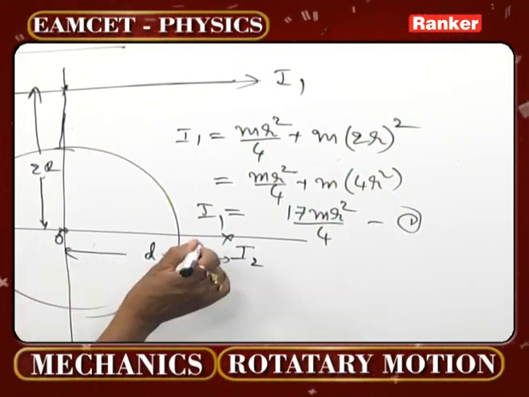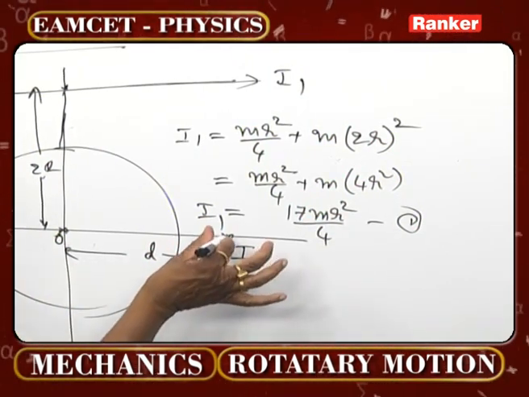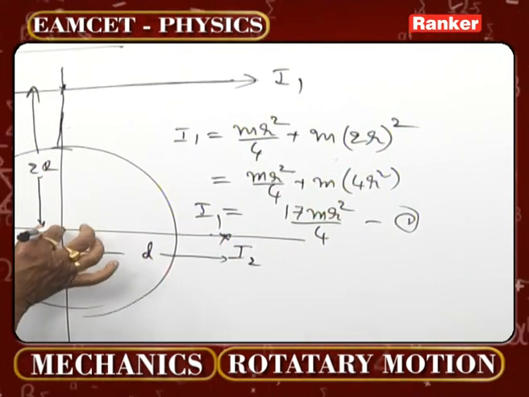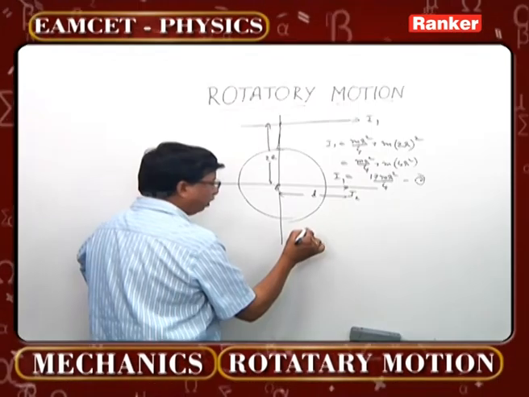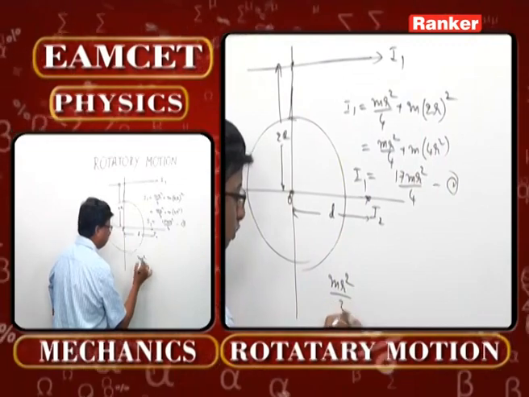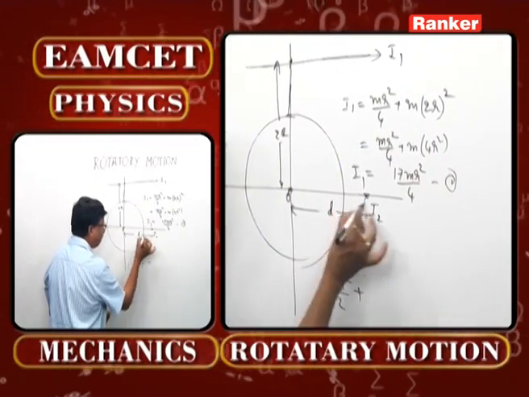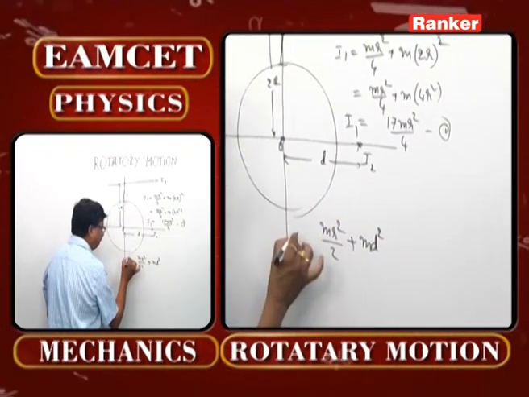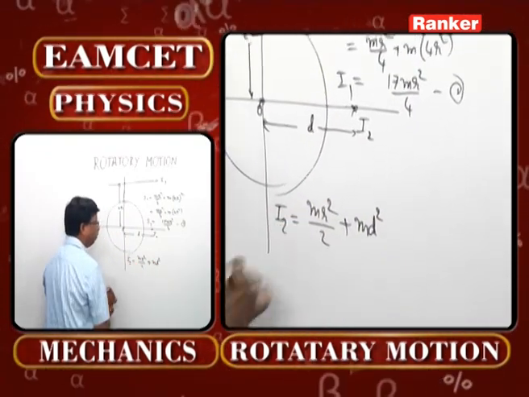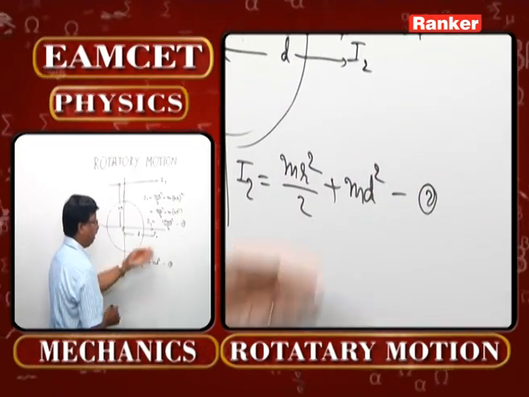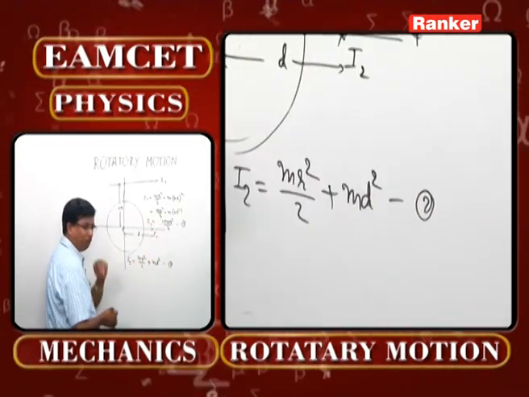Now what will be the value of I2? We have to take the perpendicular axis, this axis we have to consider, and along this natural axis for this disc we will be getting the moment of inertia as mr square by 2 plus, what is this perpendicular distance? D. Therefore it can be taken as md square. This is the value of I2 that has been given in the problem. It is now mentioned that I1 is equal to I2.